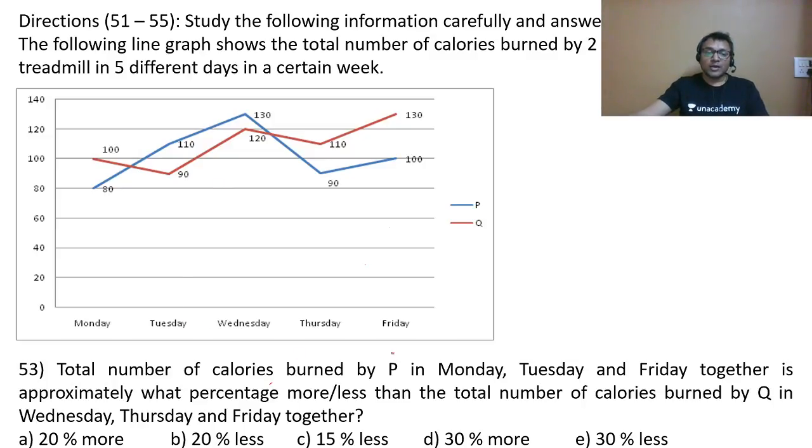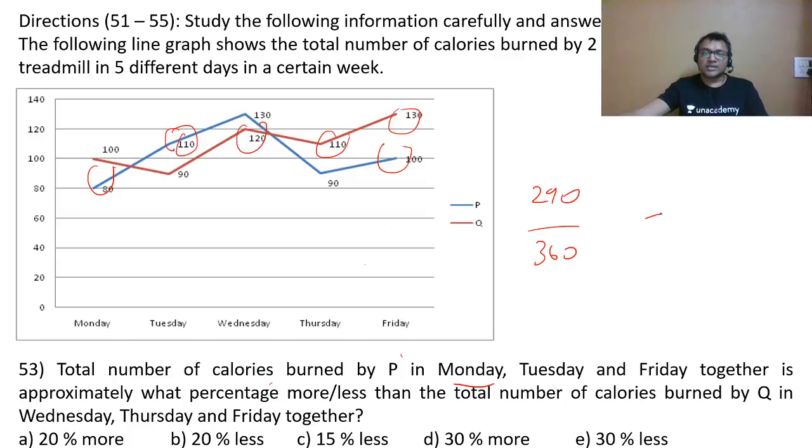So if I look at it, Monday, Tuesday, Friday for P is 80, 110 and 100, which you add up and it becomes 290. And if you look at Q for Wednesday, Thursday, Friday, put together it is 360.